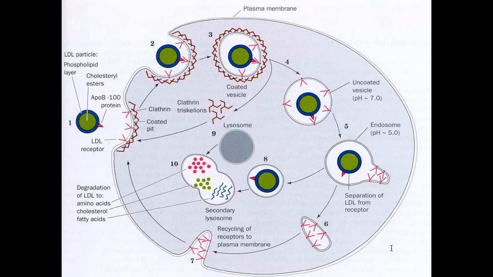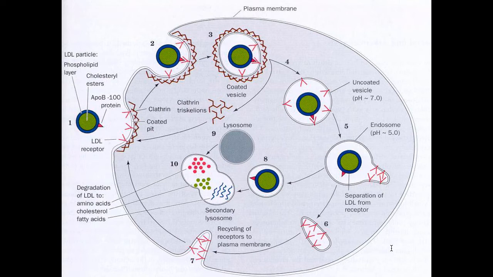The endosome pH is decreased to approximately 5 with the addition of protons. So there are proton pumps in this membrane that pump protons in, and that's how the pH changes.